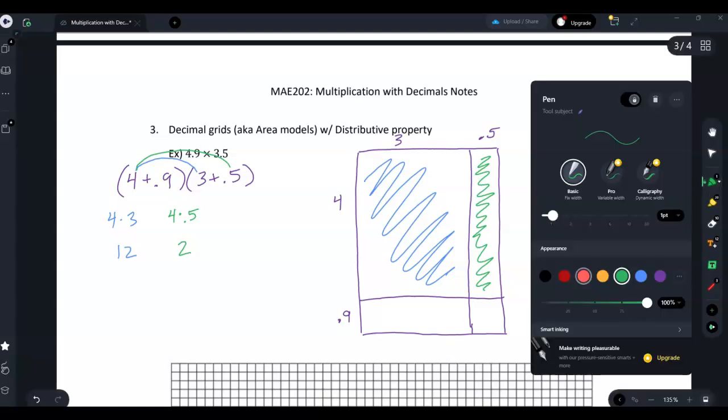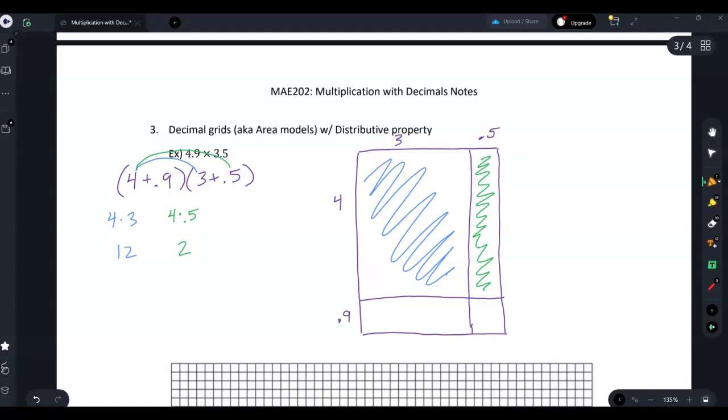And then, so I did first, outer, I need to do the inner terms. So the inner terms here would be the area of this rectangle. The length there is 3 and the width is 0.9. So 3 times 9 is 27, but of course I need to move the decimal over one space. So this is going to end up being 2.7.